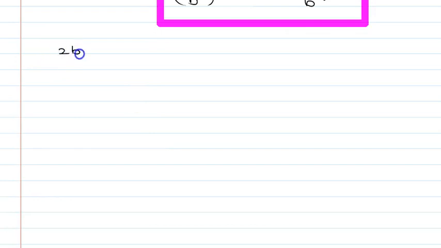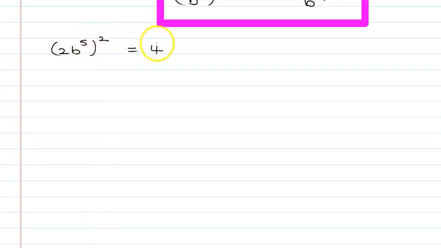Let's do 2b to the power 5 raised to the power 2. Now if I'm going to look at this, I've got to raise each thing inside the bracket to the power 2. So 2 to the power 2 is 4. And now I'm going to do b to the power 5. So b is the base, and then raise that to the power 2. So I can use the multiplication law that we've just learnt above.